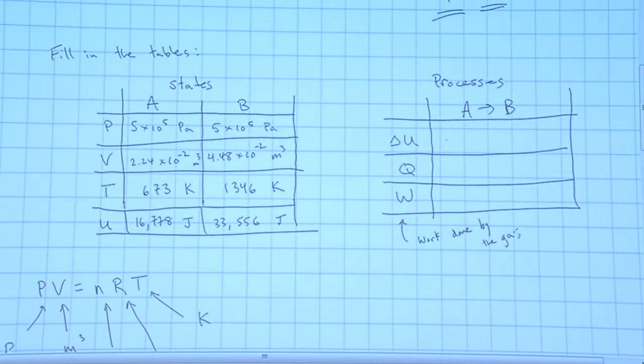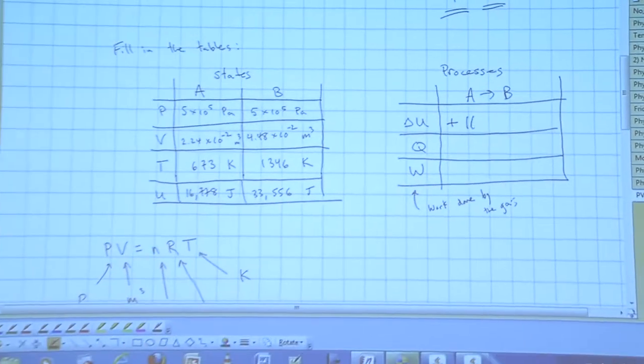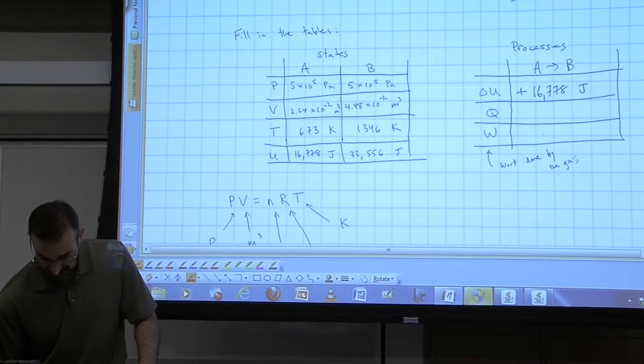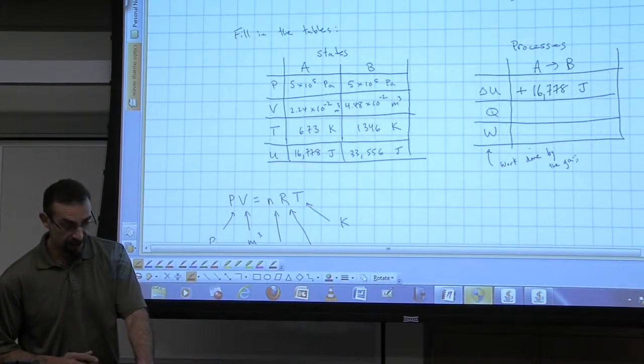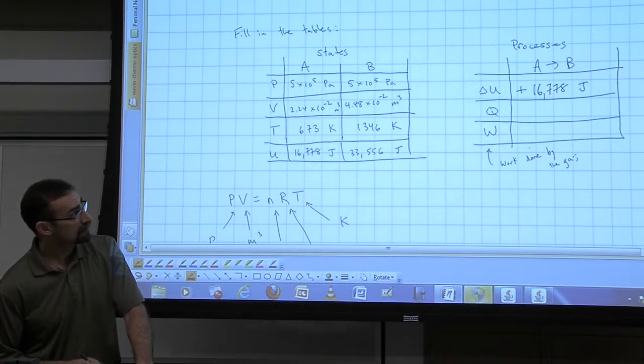So this is a positive. I'm going to put it in here just to make sure I've got it. I'm driving home the point that you have to be careful of your signs. I'm going to put a plus sign here. This is a positive 16,778 joules for my change in energy. It increases. The internal energy of my system increased.